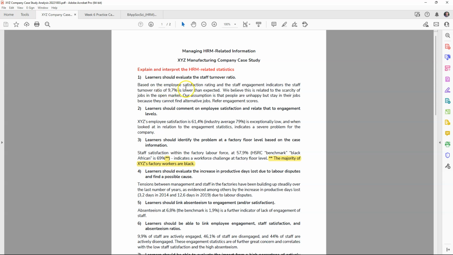So what I mentioned here in my suggested answer is that the staff are staying although they're unhappy, and therefore you also have that low engagement score, because they can't really find other jobs. And particularly what often happens in organizations that don't perform well and don't treat their people well is that your best people leave and they can get other very good jobs for themselves.